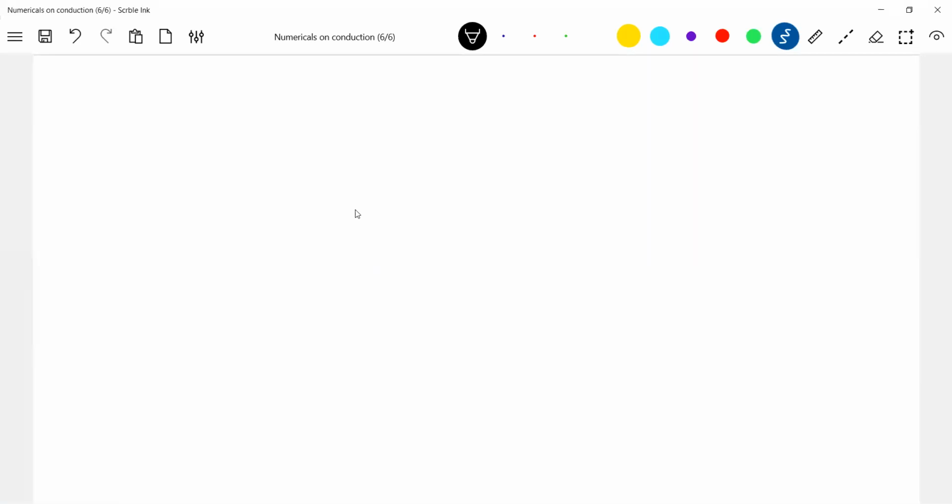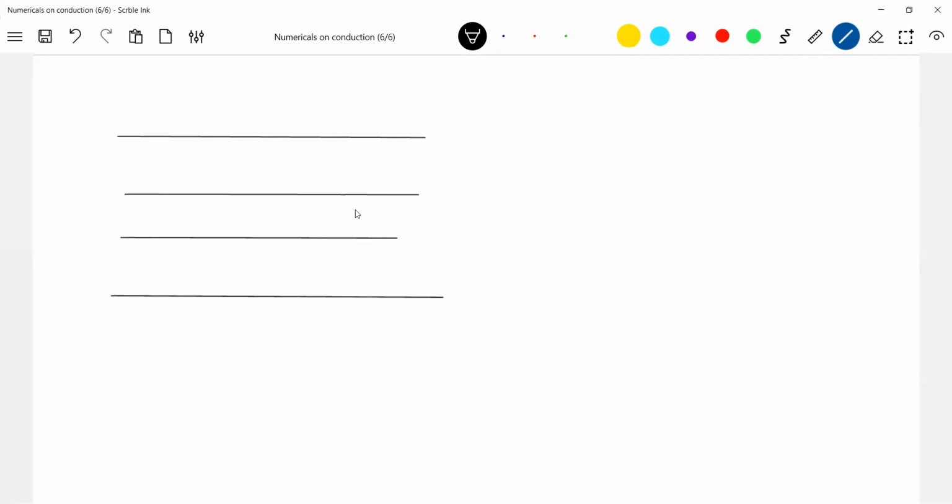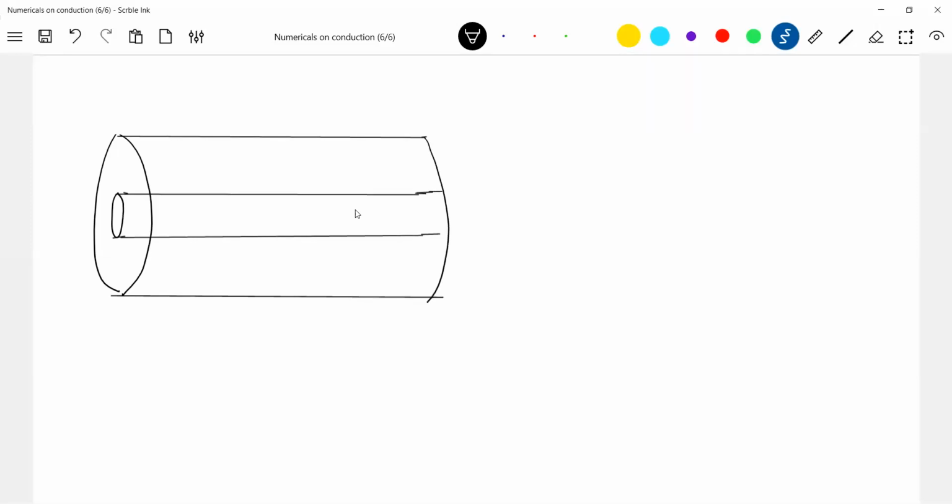Okay, let me go for the next, a cylindrical shell. We have a cylindrical structure.